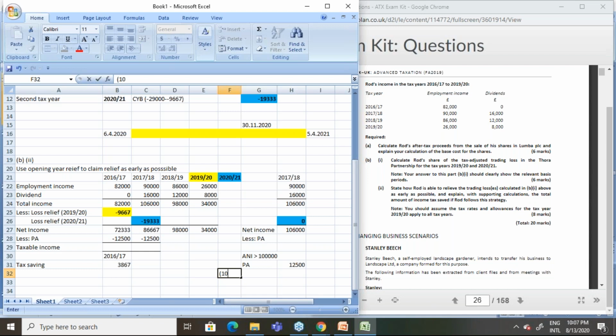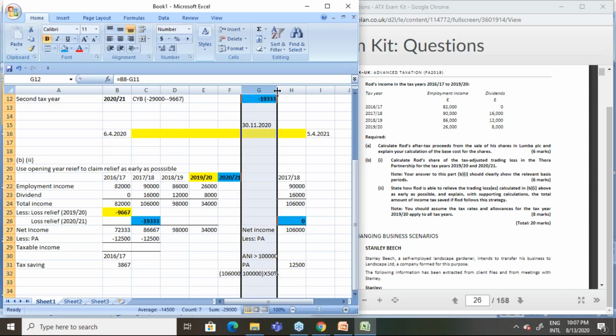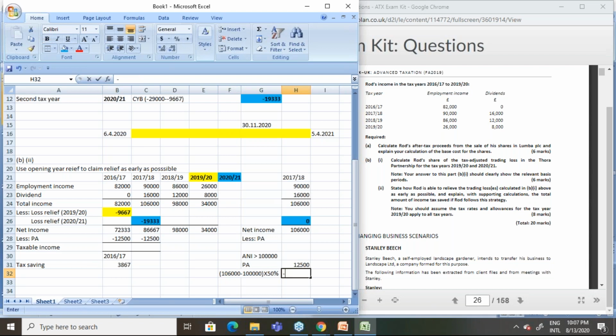So £106,000 minus £100,000, which is fixed, multiplied by 50%. From that amount, my personal allowance should be reduced. Here the difference is 6,000 into 50%, £3,000.